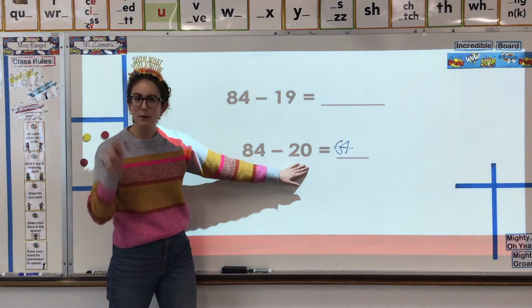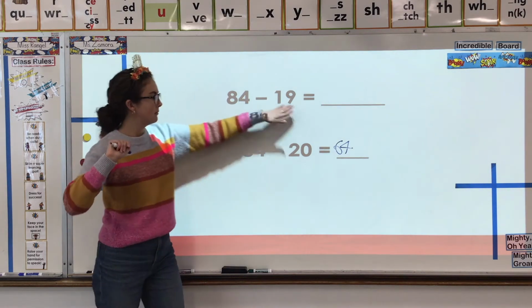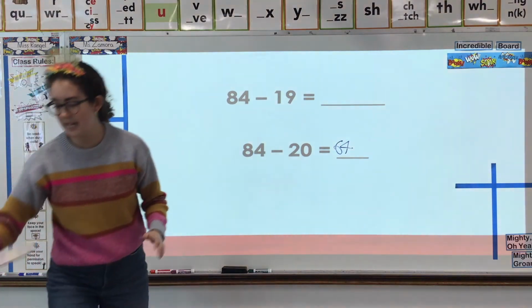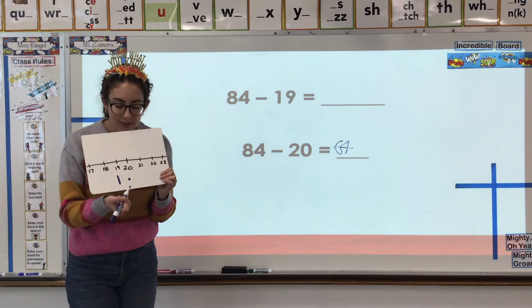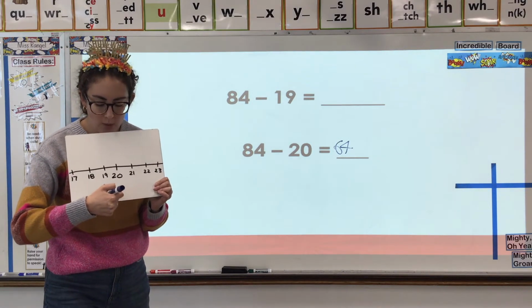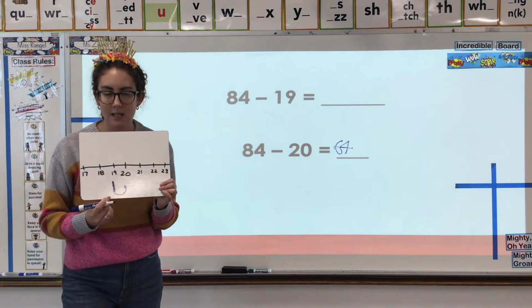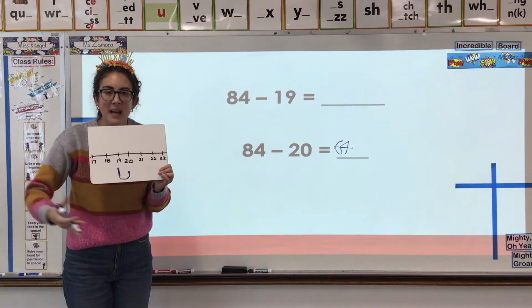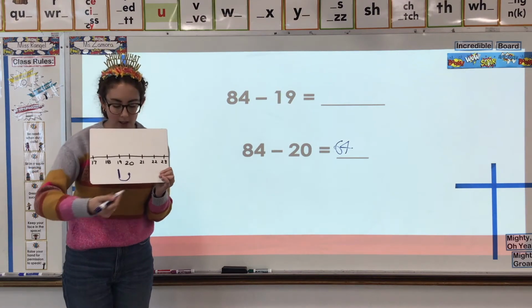But did we want to take away 2 tens? No, we only wanted to take away 19. So my friends, we've taken away 20, but we actually only want to take away 19. We need to give back something that we already took.